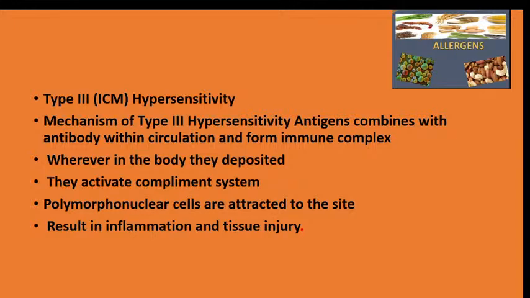I told you the antigen binds with the antibody, and this immune complex will be deposited on some tissues and organs. May not be on one organ. These antigen antibody complexes will be deposited on the internal organs.